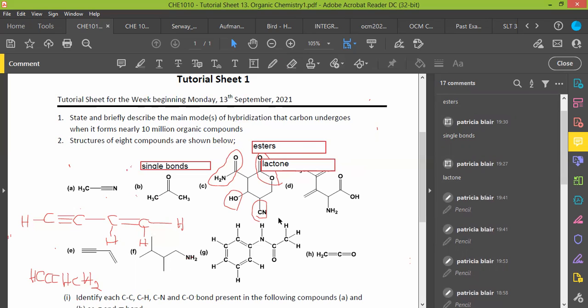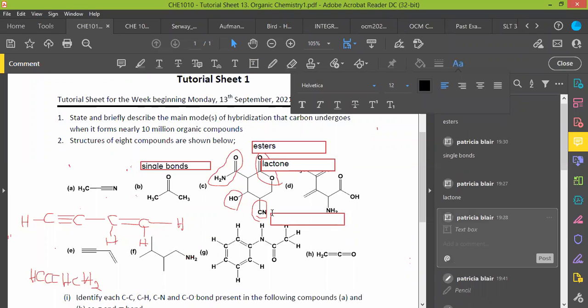When it comes to this one here, this is carbon triple bonded to nitrogen. Whenever you have an atom like this with a triple bond, it is called a nitrile. This is a nitrile, CN. Whenever you find the letters CN, it means there's a triple bond between these two. Otherwise, they will put numbers somewhere.